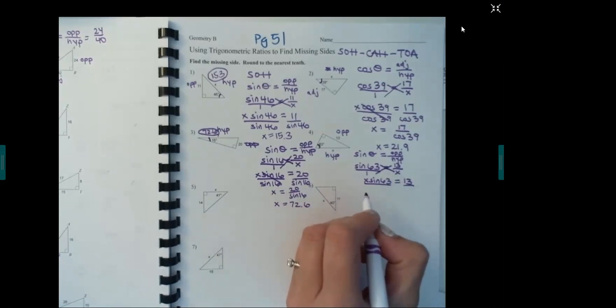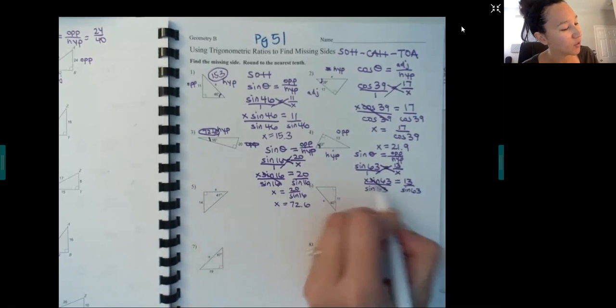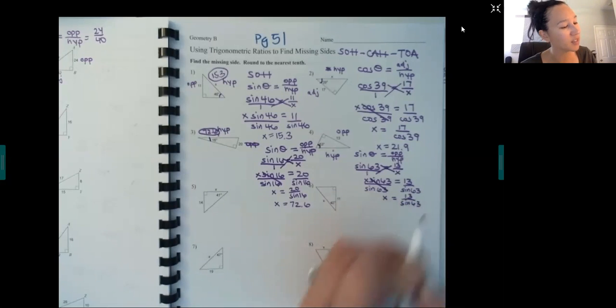You're going to divide by sine 63. Perfect. So those cancel out, which means X is equal to 13 over the sine of 63.